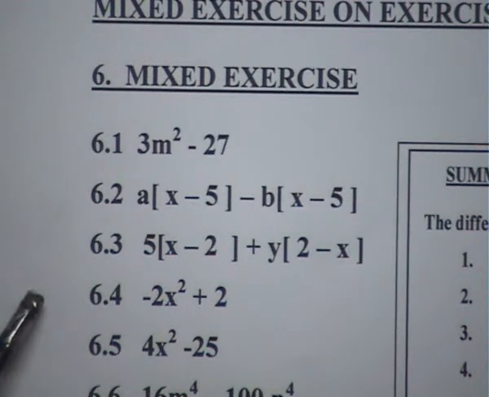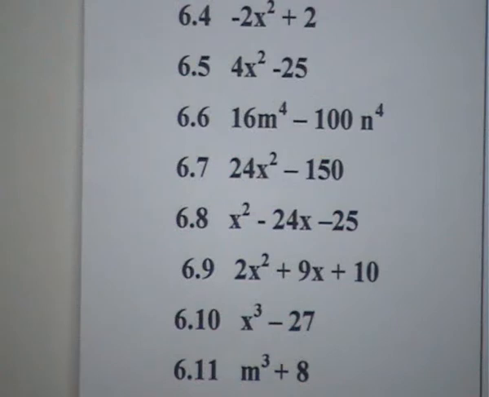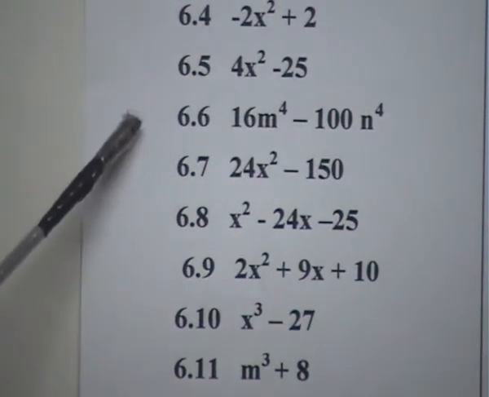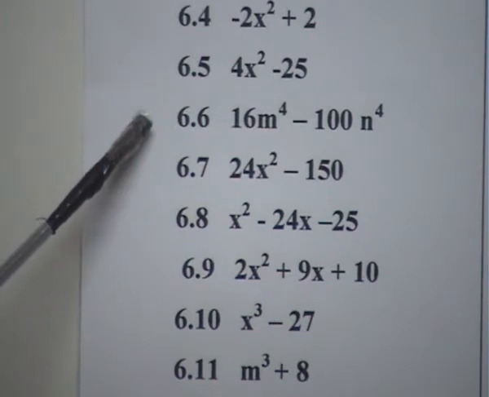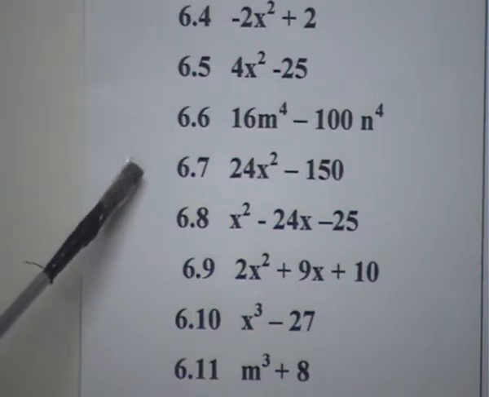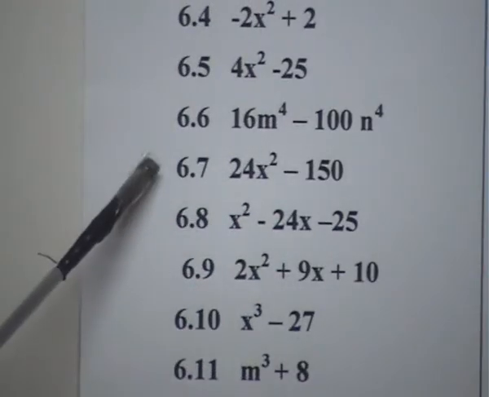After you do that, you'll have a difference of 2 squares. 6.5 is a difference of 2 squares. 6.6, first remove a common factor, and then you'll have a difference of 2 squares. 6.7, first remove a common factor, then you'll have a difference of 2 squares.